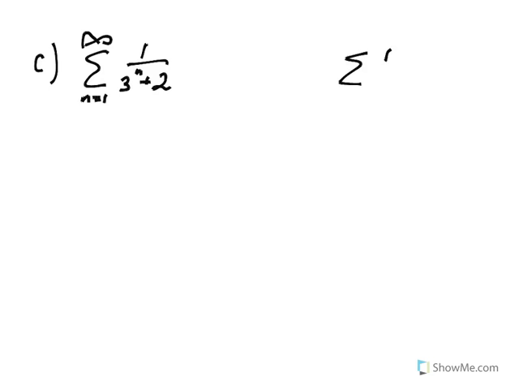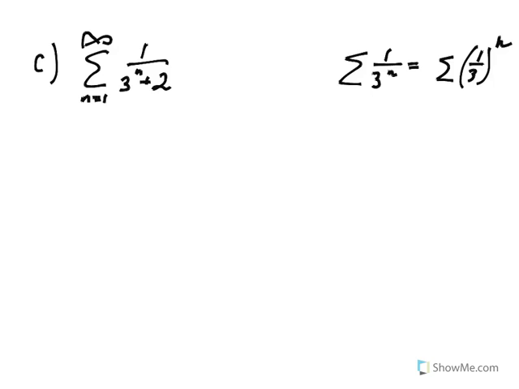Let's see how the next one works. Part C. 1 over 3 to the n plus 2. Well, we're going to compare it to 1 over 3 to the n. Or we can rewrite it as 1 over 3, the whole thing to the power of n.